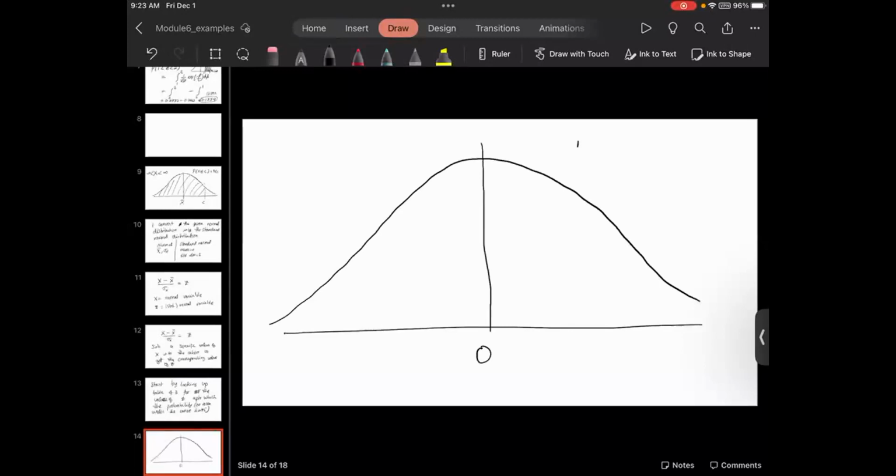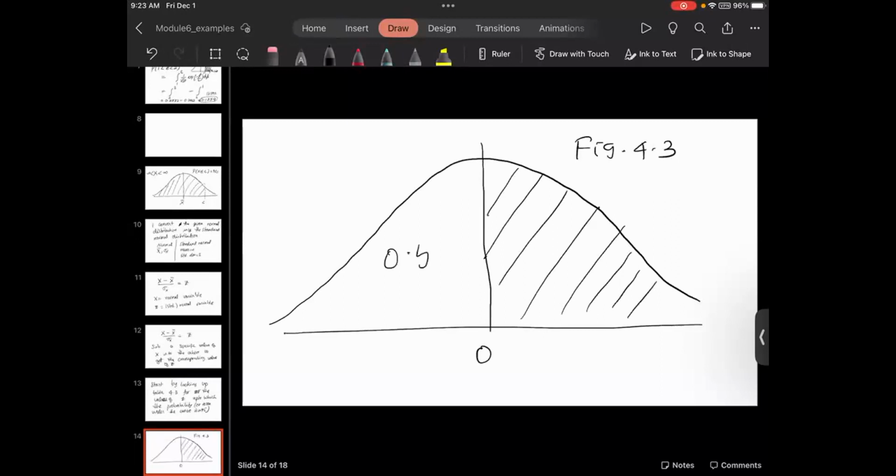So this is figure 4.3. Now, only the right-hand side is given in that figure, assuming that the left-hand side is just 0.5. That is, it is symmetric. So minus infinity to 0 is 0.5, and 0 to infinity is another 0.5.